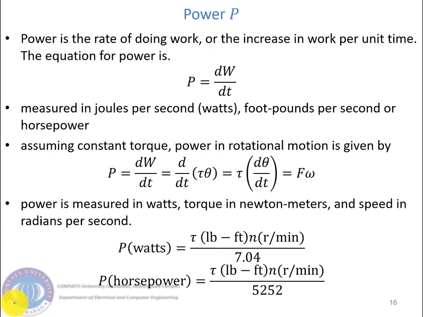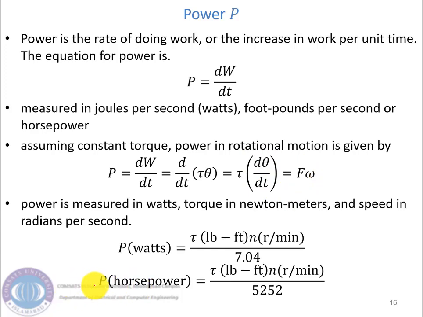Then comes power. Power is the rate of doing work, or the increase in work per unit time. The equation of power is P is equal to dW by dt, measured in joules per second, foot pounds per second, or horsepower. If we assume constant torque, power in rotational motion is given by dW by dt, which is the rate of change of work done. We know that W is equal to tau theta, and if torque is constant, that would be tau d theta by dt, and d theta by dt is omega, which is the angular velocity.